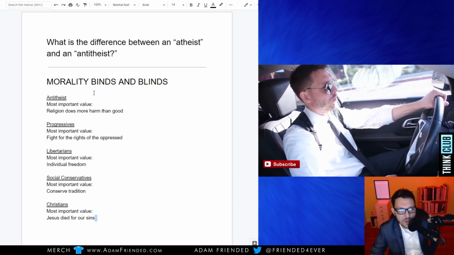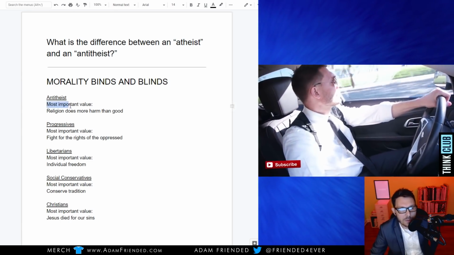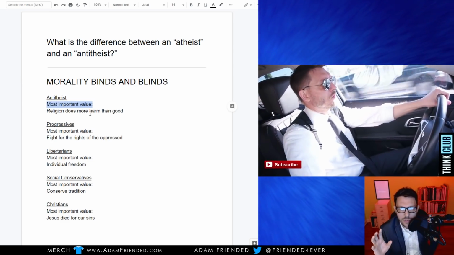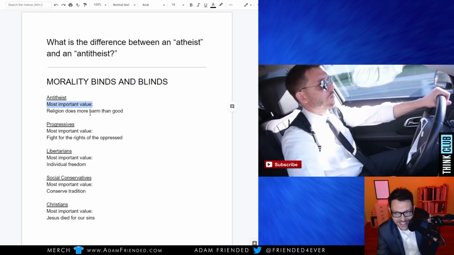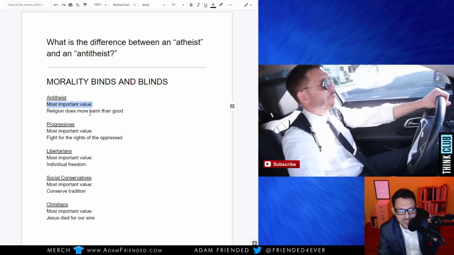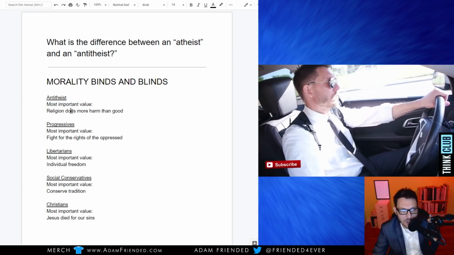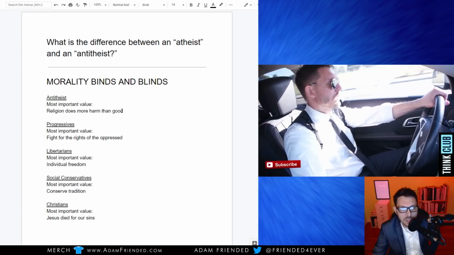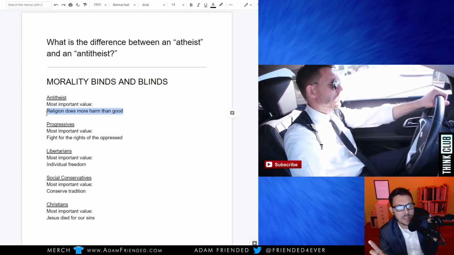So you see, I have these different communities outlined here, and I have their most important value, which is what you're looking for. So now I don't know how you would be an anti-religious activist if you did not believe that religion does more harm than good. If you believe that religion does more good than harm, then you wouldn't necessarily be an anti-religious activist. So this is what I look for when I'm trying to determine if someone is an anti-theist or not.